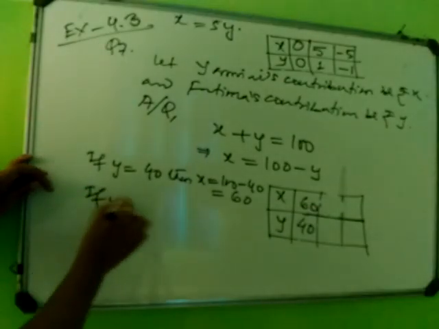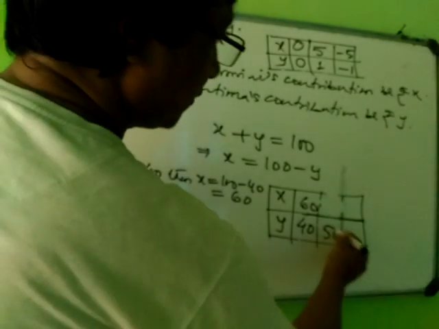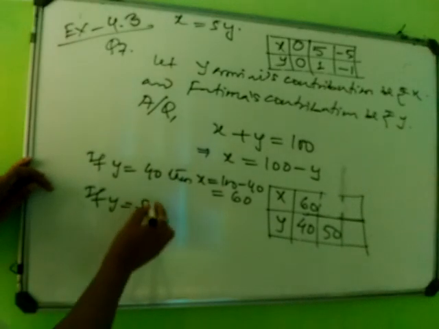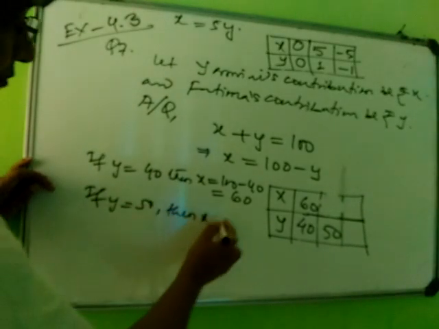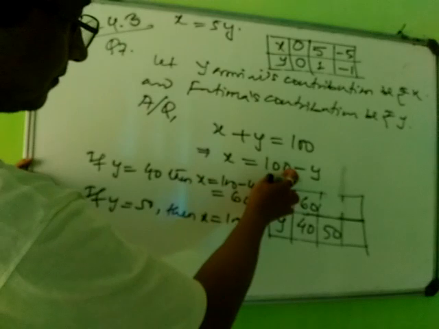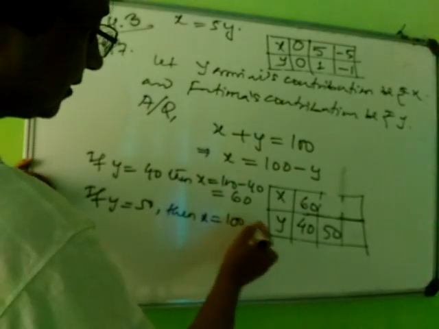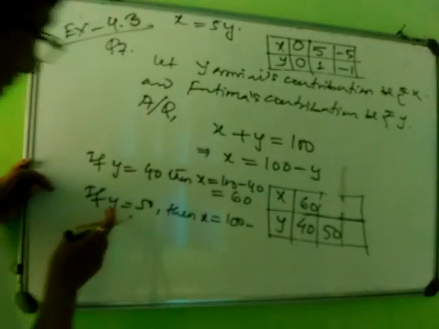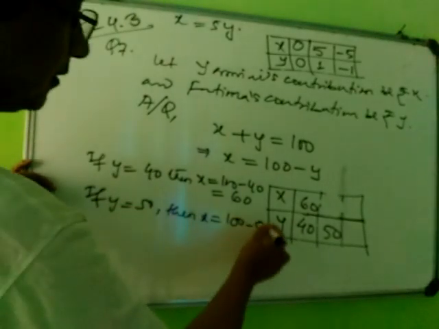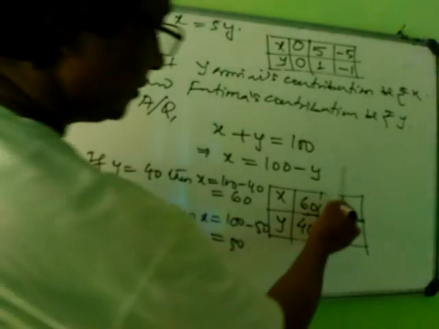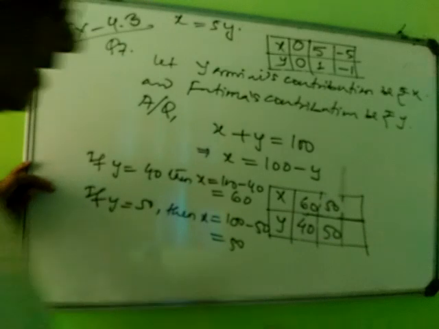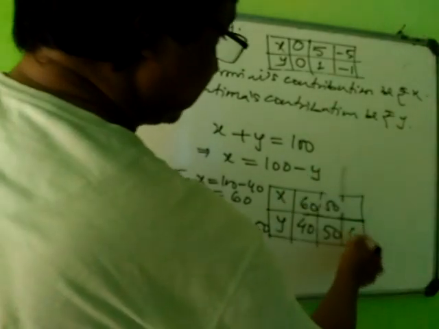If you took y as 50, then x equals 100 minus 50, because y is 50, which equals 50. So this will be 50. Say you took y as 60.